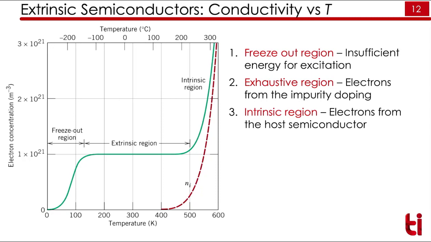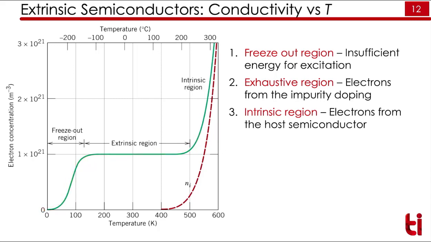Now if you measure temperature versus conductivity or temperature versus charge carrier concentration for an extrinsic semiconductor, it is different from the intrinsic semiconductor. For intrinsic, the trend looks like this, that is, it increases exponentially. For extrinsic the trend is a little bit different.